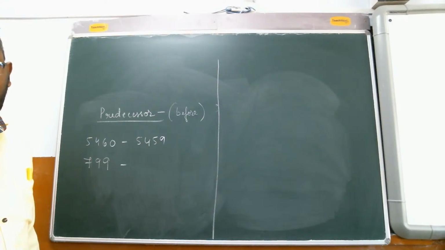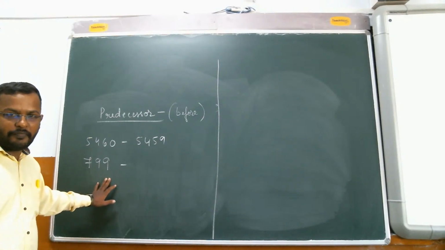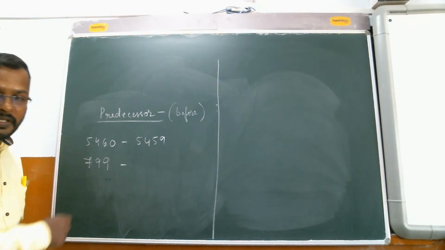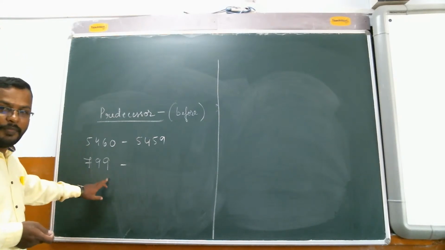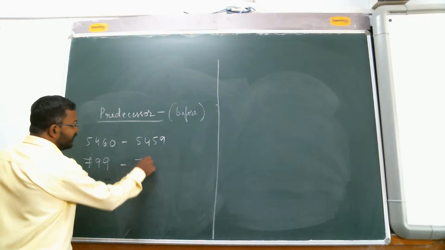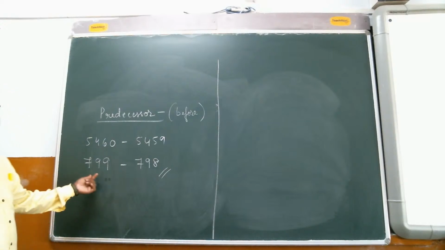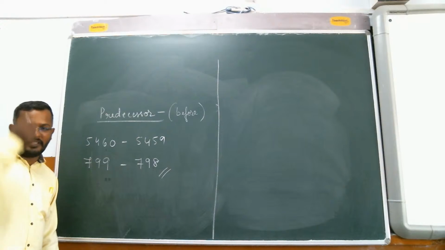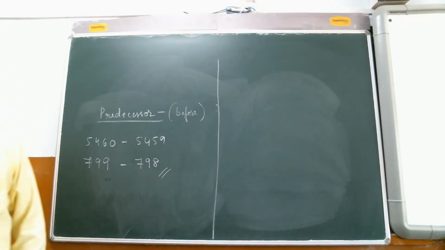Let's see what the correct answer is. Predecessor means previous number, before number. The previous number of 799 is 798. Most students in the exam will think of 799 and write the next number, 800, which is not correct.